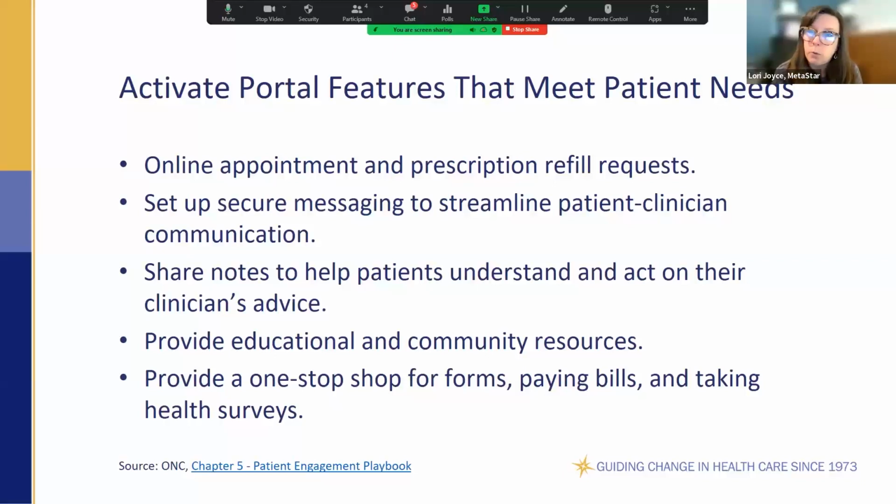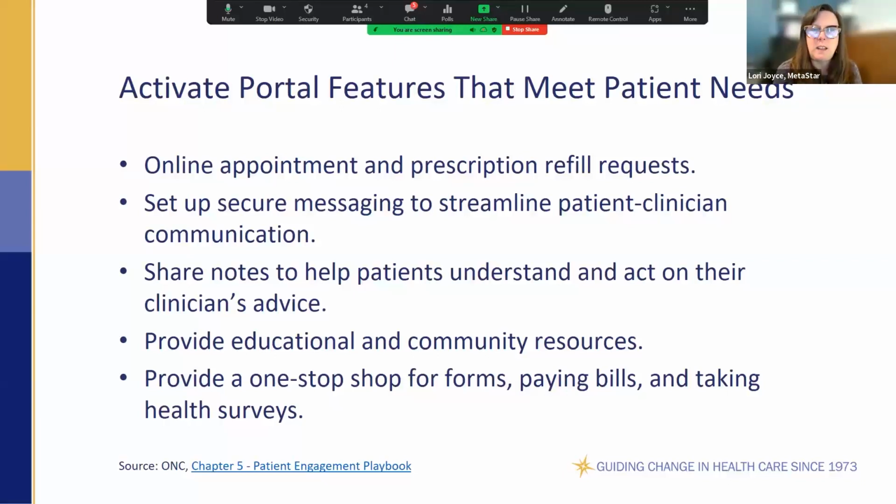Depending on your portal, many of those are available and are high quality. In some cases, portals can be customized so that if there's a certain educational piece or resource that you want to add, sometimes that can be done. Depends once again on the EHR.